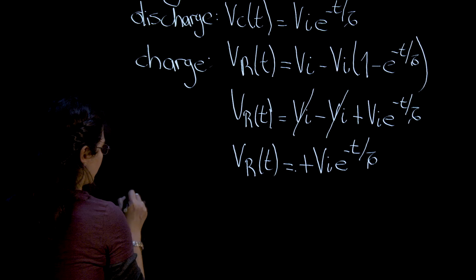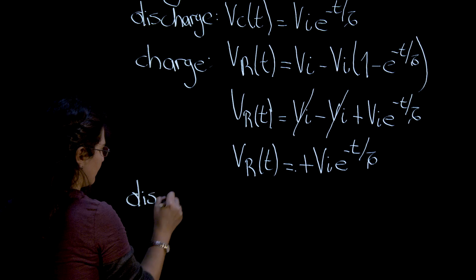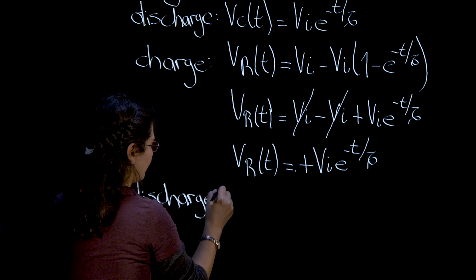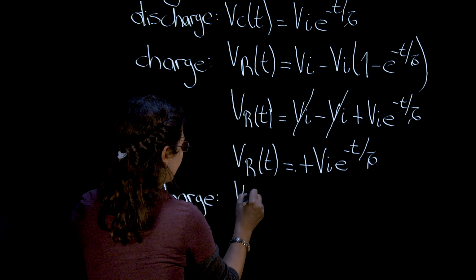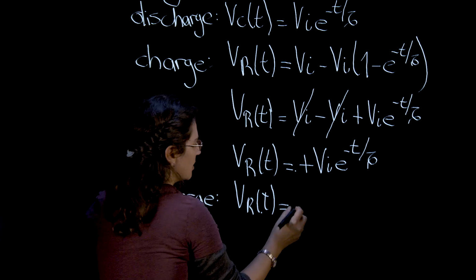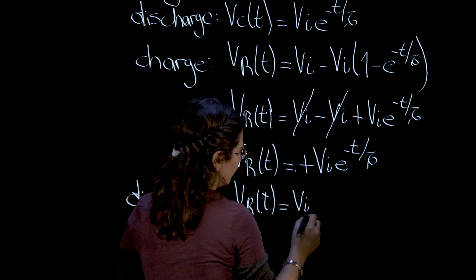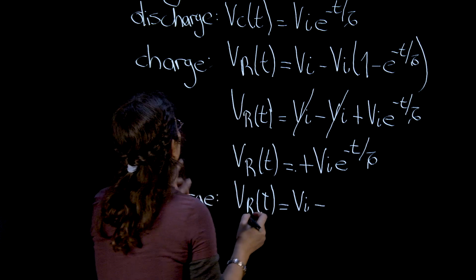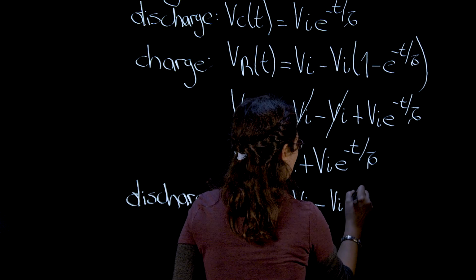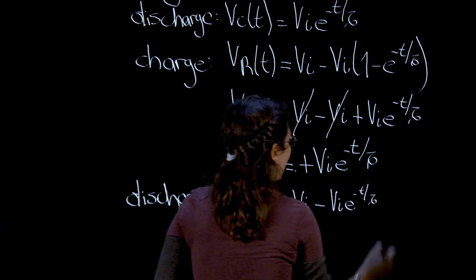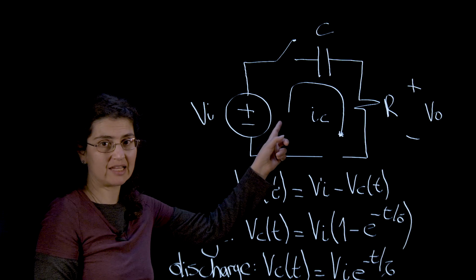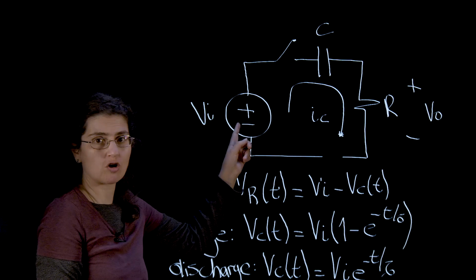And in the discharge case, we have Vr of t equals my input voltage minus my capacitor voltage, which is Vi times e to the minus t over tau. However, remember that when we look at the discharge case, this voltage source is switched off.